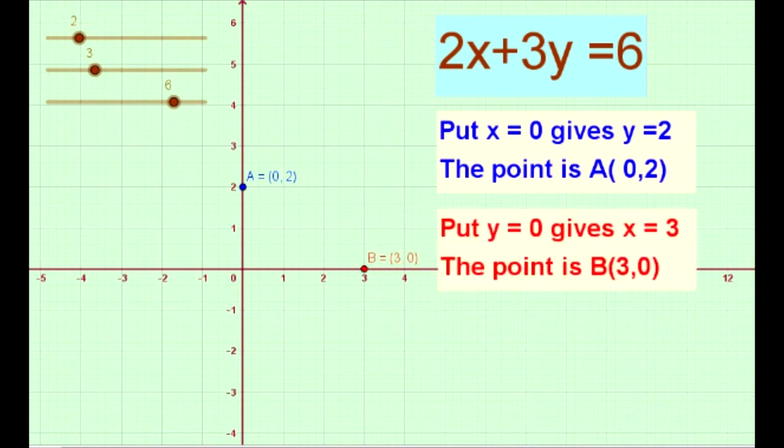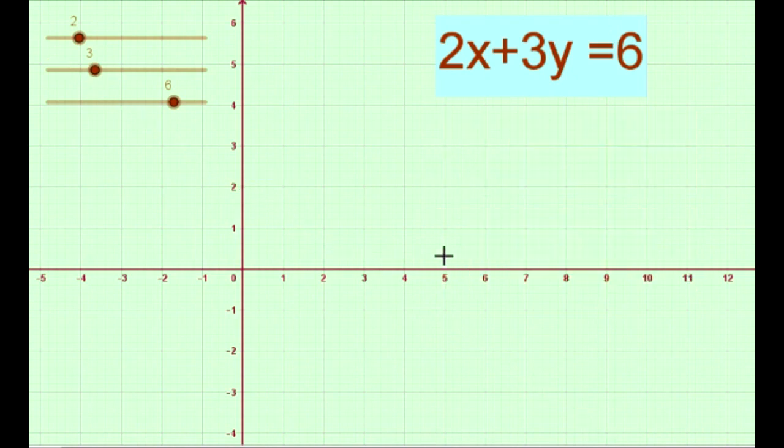Next, in the same equation, put y is equal to 0, which gives x is equal to 3. Therefore, the other point is B (3, 0). Now you see the point on the graph. If you join A and B, you get the required line 2x plus 3y is equal to 6.